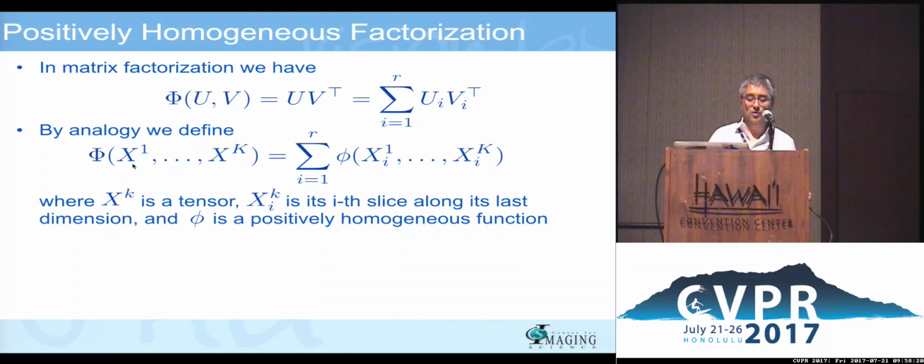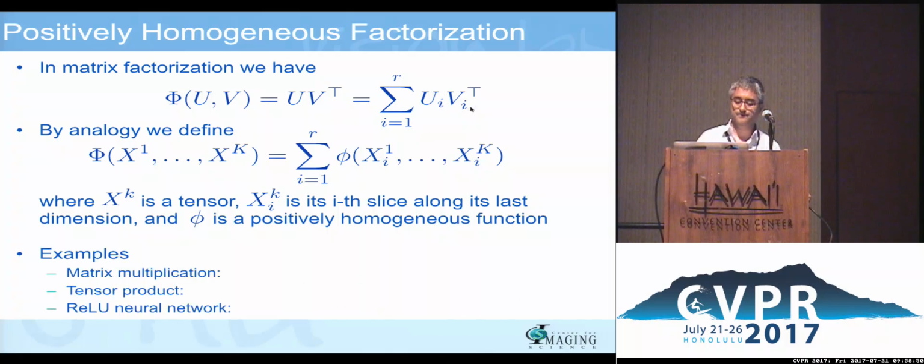The output of the network depends on many layers and many weights, and they could be matrices or tensors, whatever they are. But we are going to write it as a sum from 1 to the size of the network, where size, I already explained what I meant, of positively homogeneous functions of those weights. Okay, that's the key insight. And I hope that this gives you an example. For matrix factorization, the sum is running over the size, and the positively homogeneous function is just the outer product of the columns. Okay?